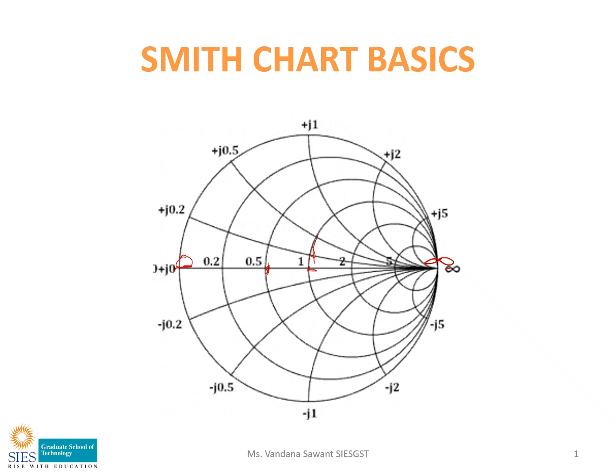You can observe this is plus j0.2, this is plus j0.5, this is plus j1, and so on. If we move from the left hand side to the right hand side, the value of the reactance, that is the jX value, goes on increasing.